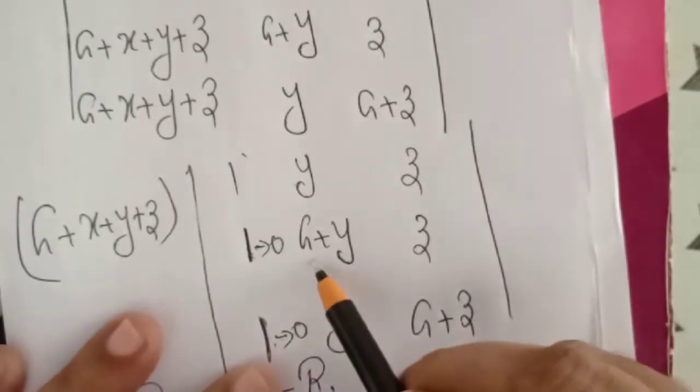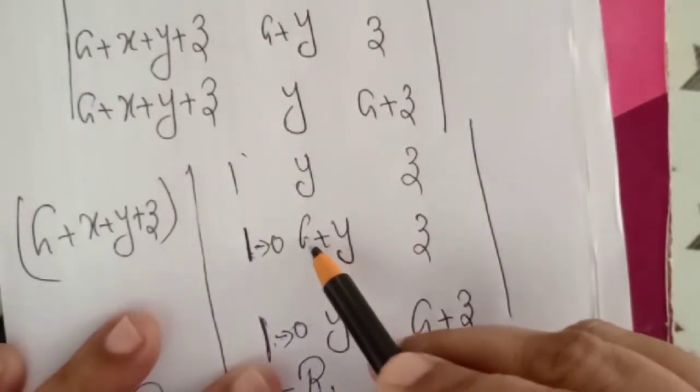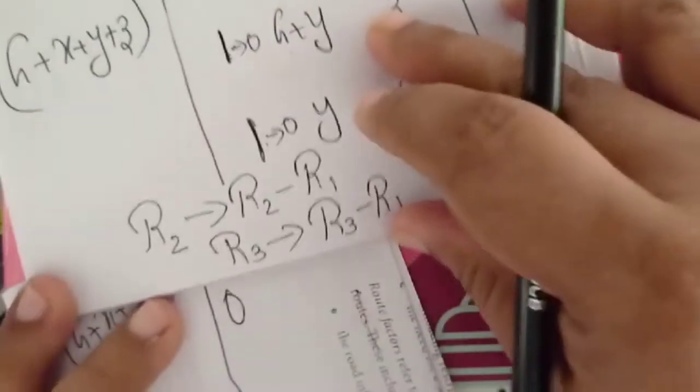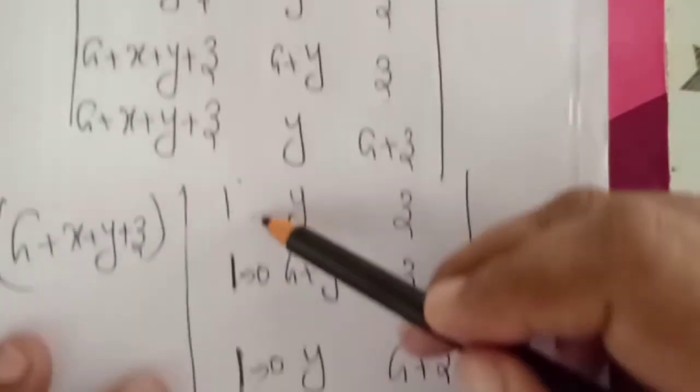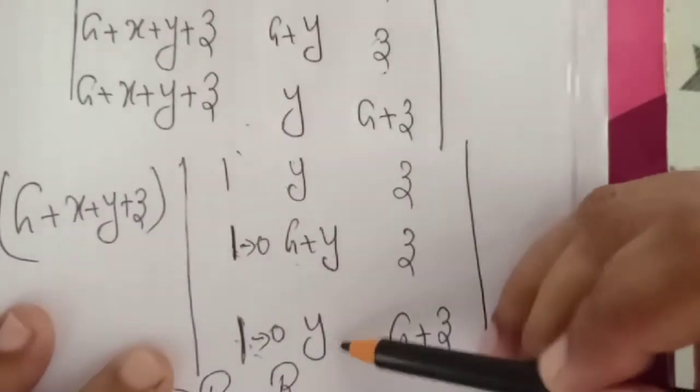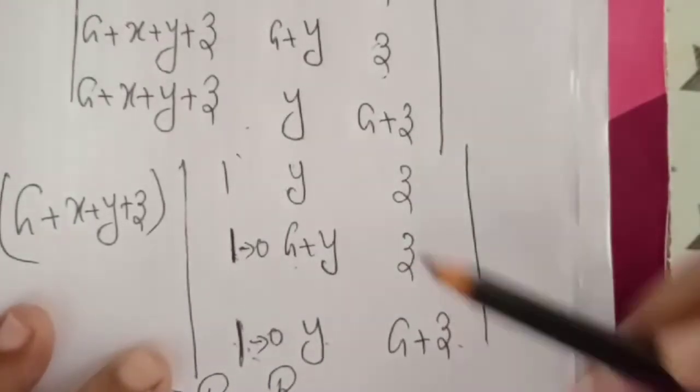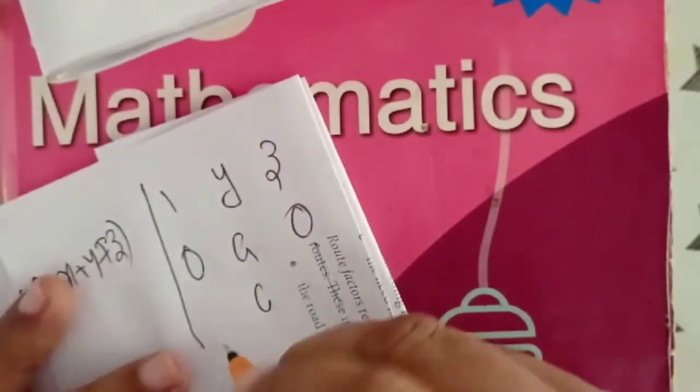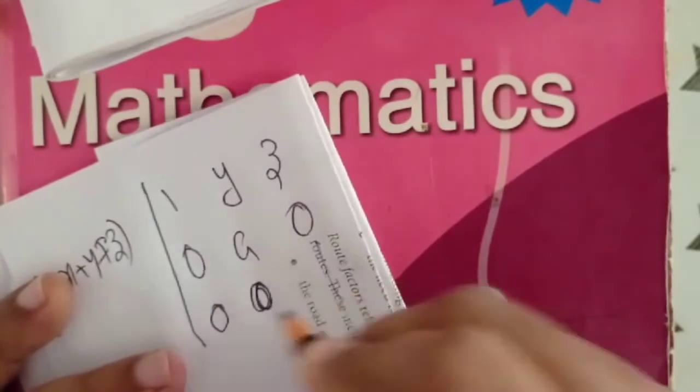Then a plus y minus y. Say the answer, a plus y minus y. A, very good. A, then z minus z, 0. Then 1 minus 1, 0, y minus y, 0, a plus z minus z, a. Therefore, 0, 0, a. Agree?